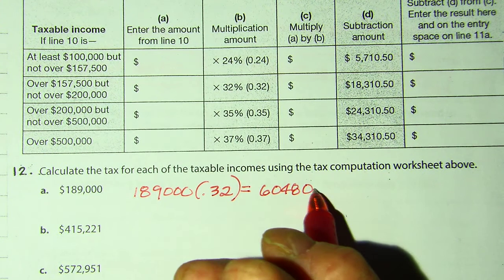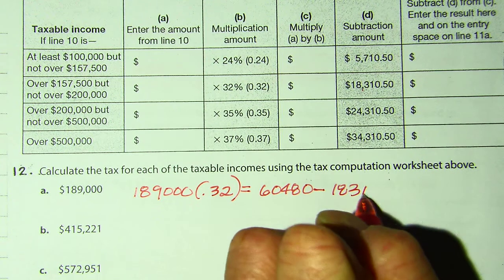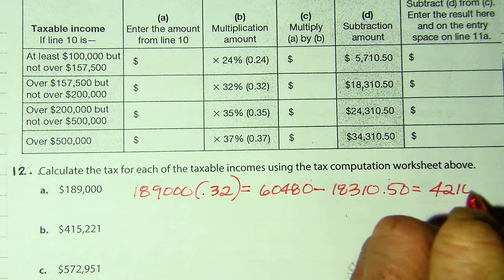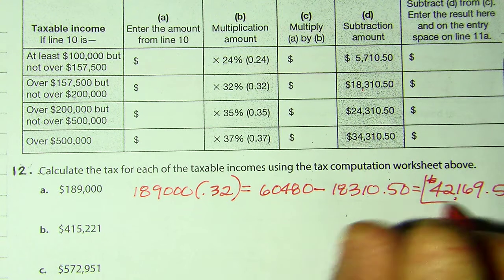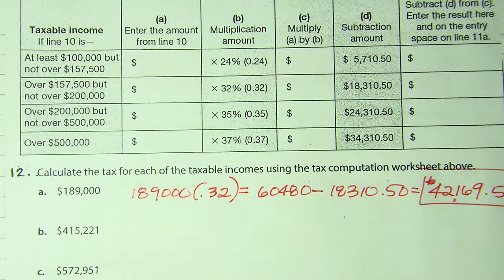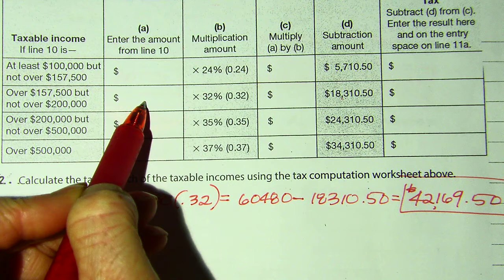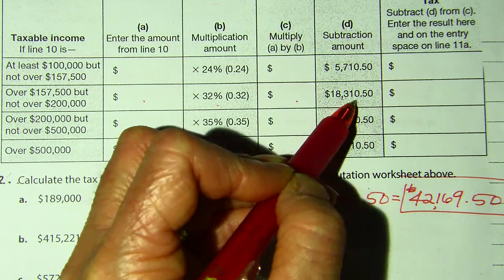Then it says to subtract this amount, $18,310.50, and so I'm left with $42,169.50. So you multiply, you write the amount here, your income, you multiply it and write it here, you subtract this and write the result here.